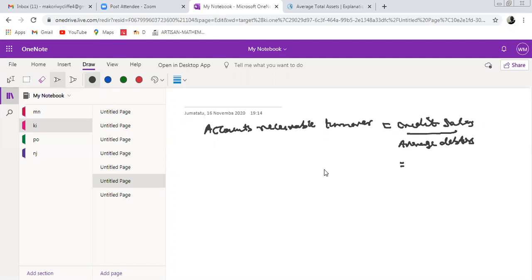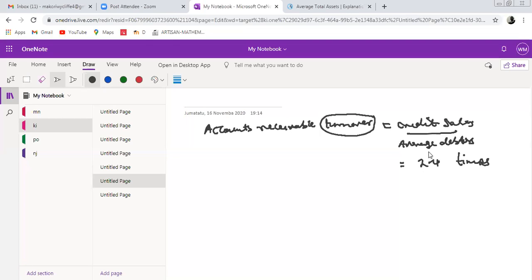And remember, whenever you find this word turnover, the answer you get is in times. It can be maybe 2.4 times. Accounts receivable turnover is going to indicate the number of times we are receiving money from the debtors in a year. How many times are we going to receive money from the debtors in a year?